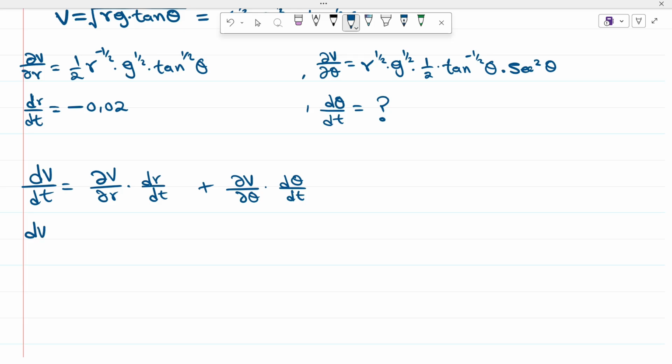Before we substitute the values, let's first substitute all the equations.